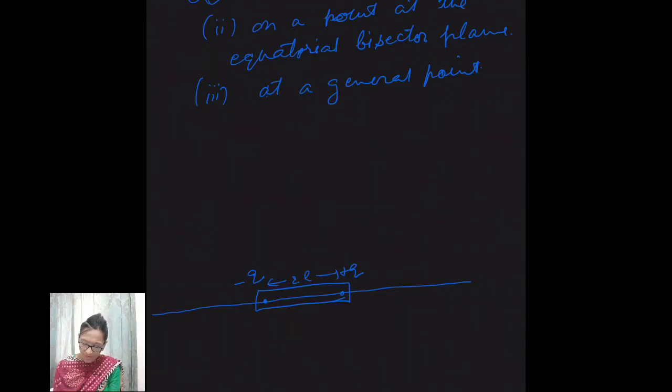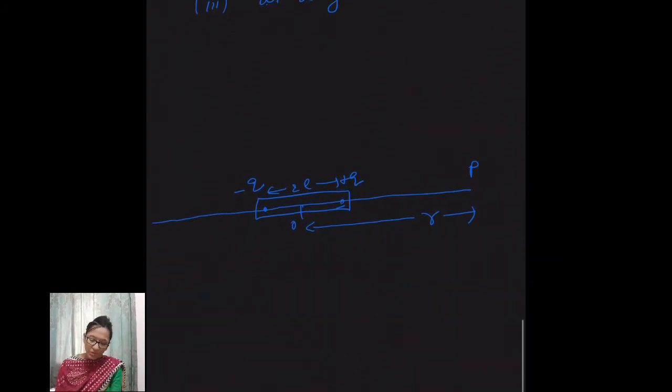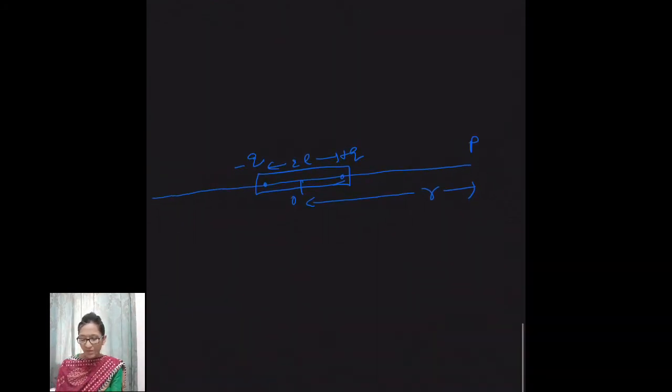And from the center at a distance R, we have a point P where we have to find electric field. So we will use Coulomb's law, and then we will use principle of superposition.